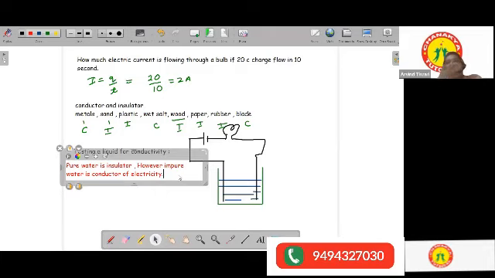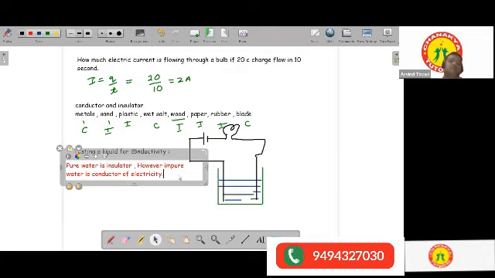Why is it so? Because impure water produces ions, and hence it will be a good conductor of electricity. Whereas pure water will not produce ions, and hence it will not be a good conductor. So pure water cannot conduct electricity.